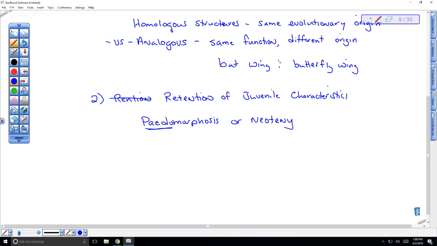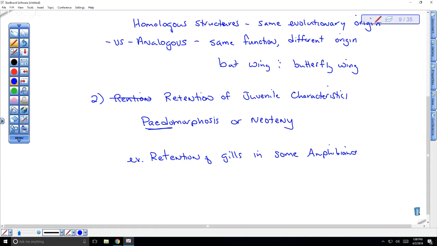So the example that I just gave would be the human skull, because we retain the juvenile proportions of our skull. But another good example of this is the retention of gills in some amphibians. Okay.